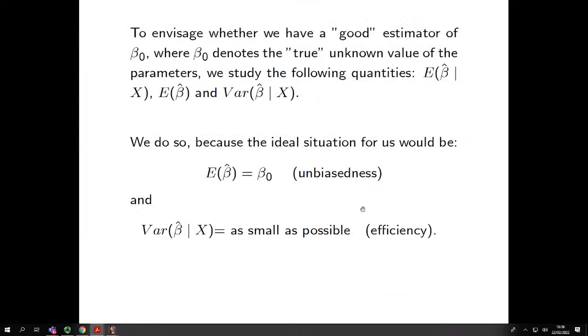Now, we said yesterday that when we focus on small sample properties, we try to prove that the expected value of the estimate is centered on the true value, and we would like the variance matrix as small as possible in the matrix sense, which means the best standard error we can ever get.